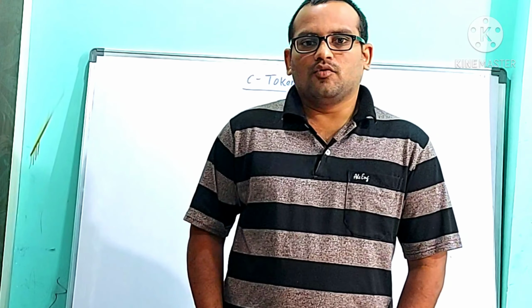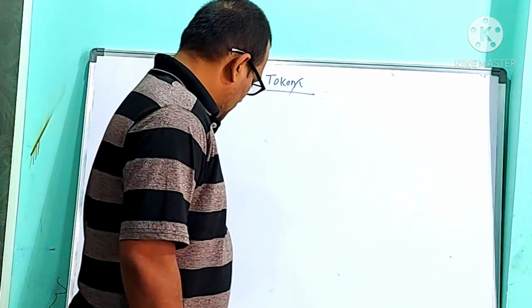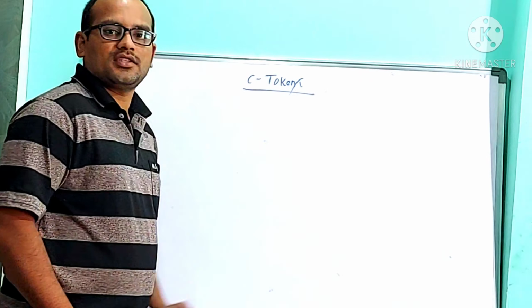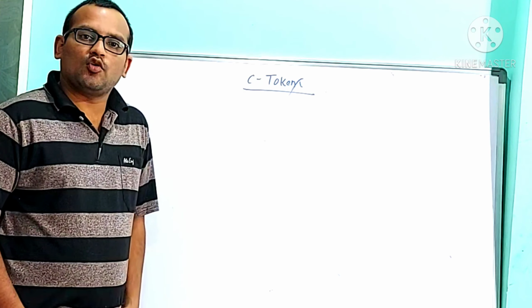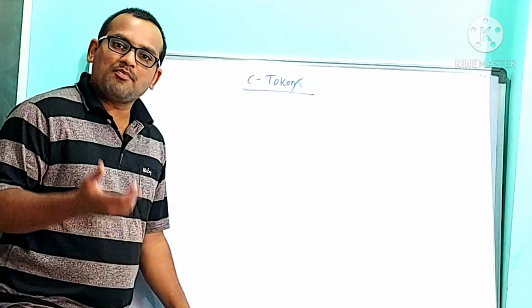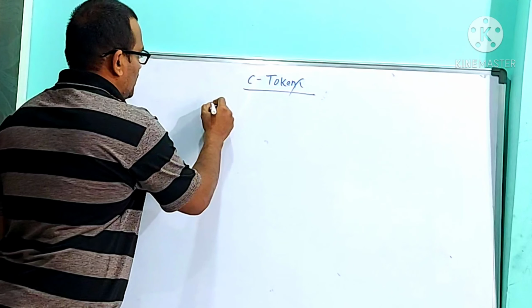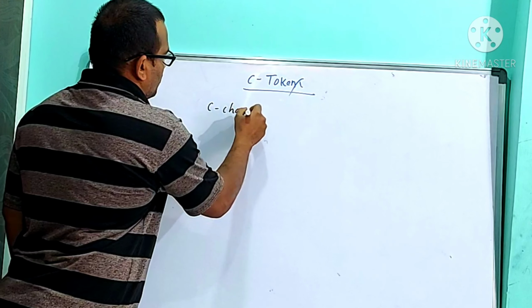So today we are going to discuss tokens in C language. Before going to discuss tokens of C programming language, we should know an important topic that is called C character set.